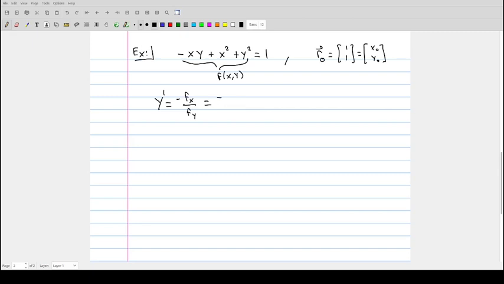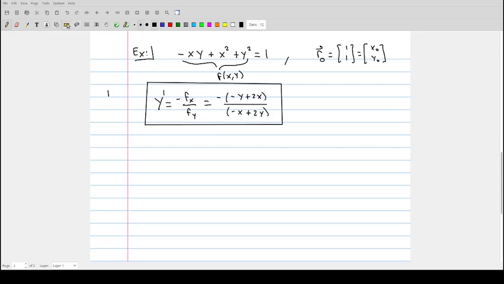So this is going to be negative times the partial derivative of this function with respect to x, which is negative y plus 2x, divided by negative x plus 2y. And there you have it. This is exactly, for any point on this level curve, the value of y prime, or dy/dx, the derivative of y with respect to x on the level curve.